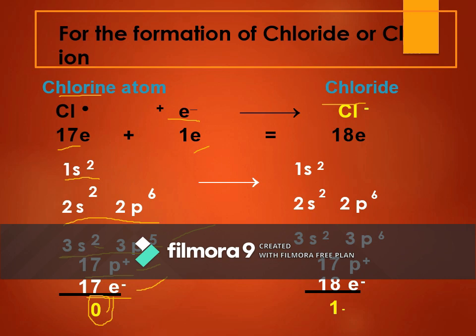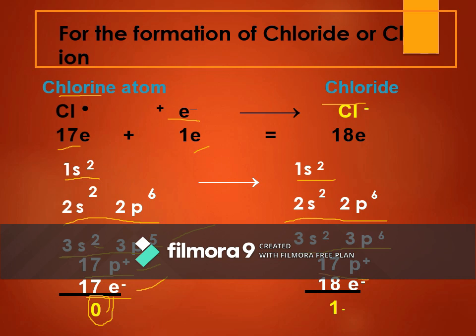The general tendency of group 5, 6, and 7 is usually to accept electrons. Then, the electron configuration turns to 1s2, 2s2, 2p6, 3s2, and 3p6. It is isoelectronic with argon atom.